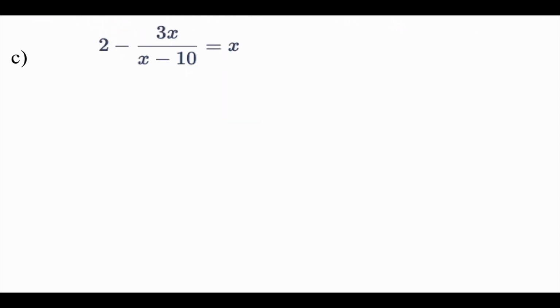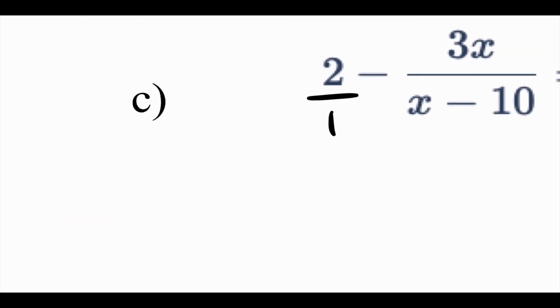For this guy, same thing. 2 doesn't have a denominator, so give it a 1. Common denominators. 1 and x minus 10. X minus 10 is already factored, doesn't have a GCF. It isn't a difference of squares.